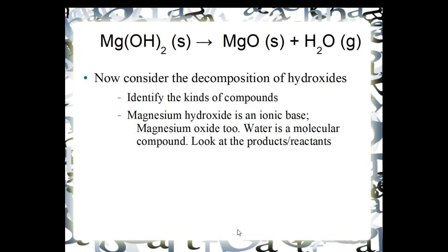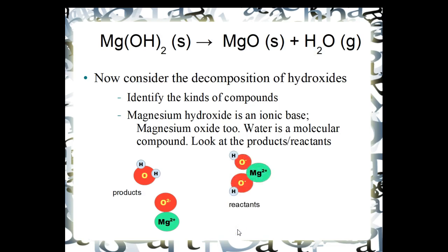Water is the molecular compound that's being driven off. Now let's look at the products first and then the reactants. Here are the products. You see the magnesium oxide below, and we've just shown one of the magnesium oxide units, and then the water vapor that has come off of it.